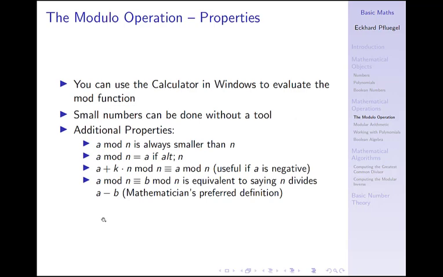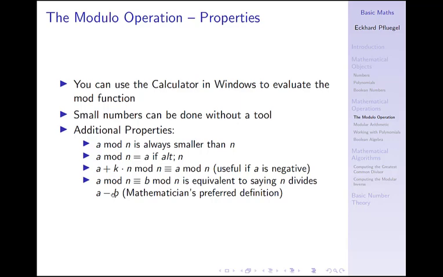And the last property is a little statement, almost a little theorem, saying that a is congruent to b mod n is the same as the difference between a and b being a multiple of n.